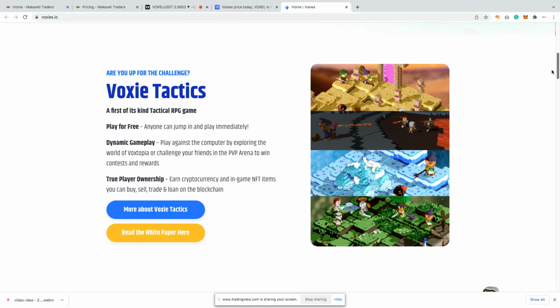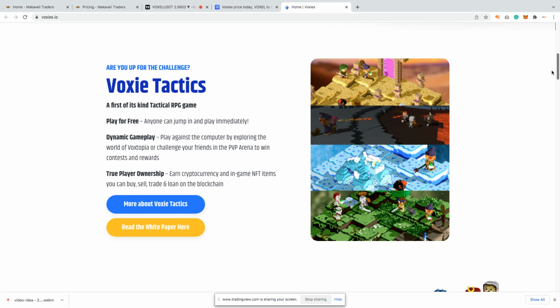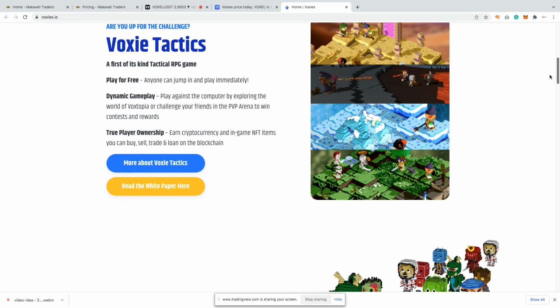Another interesting thing is that it's the first of its kind, and anyone can jump into it. There is dynamic gameplay. Play against the computer by exploring the world of Voxtopia, or challenge your friends in the PvP arena to win contests and rewards, right? You can earn cryptocurrency and in-game NFT items.